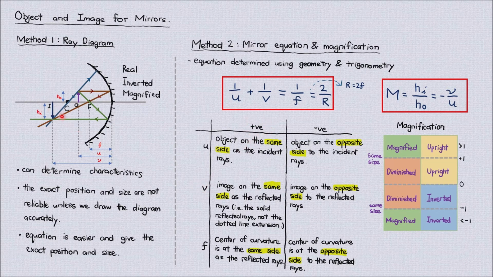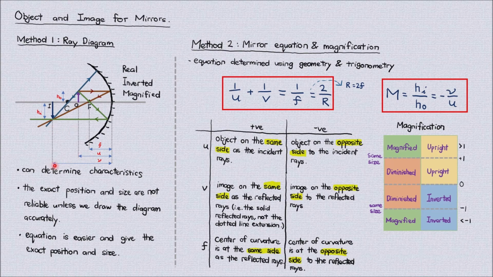Okay, what if your image is now produced at the back of a mirror? In that case, it is most probably a virtual image. Then your image is on the opposite side to the reflected ray. Remember, the reflected ray always happens in front of the mirror. You can't let a light ray pass through the mirror. So if your image is on the opposite side to the reflected ray, then you call your image distance negative.